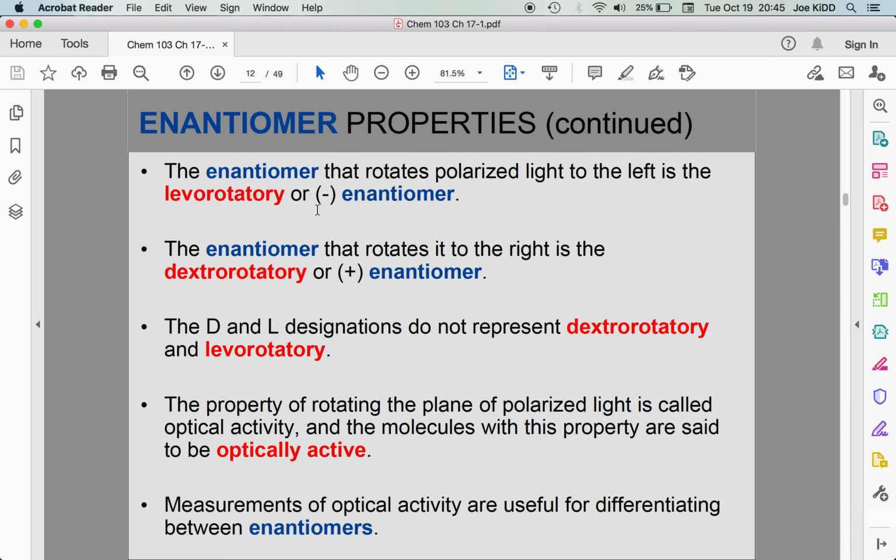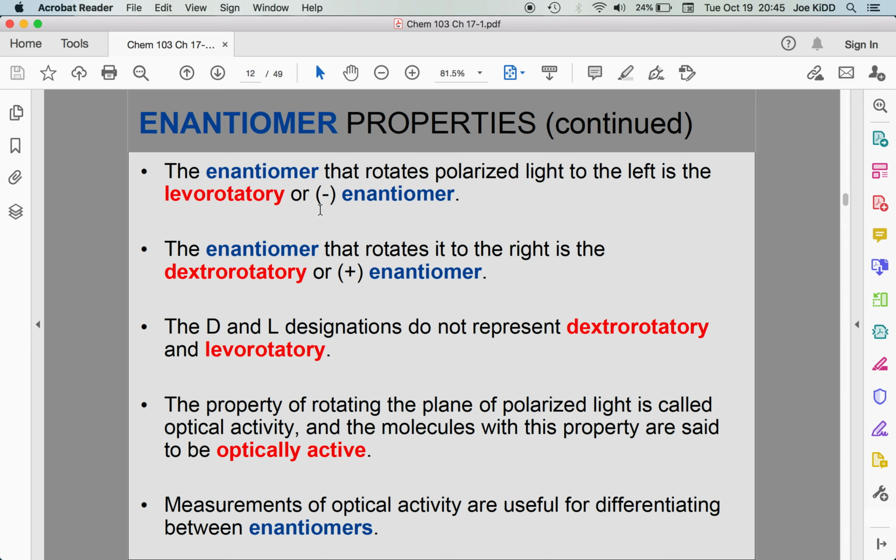To the left would be counterclockwise, so going negative, I guess, backwards in time, if you wanted to look at it that way. And an enantiomer that rotates light to the right would be dextrorotary, and we use a plus sign to denote this. The D and L designations do not represent dextrorotary and levorotary. That's why we use plus and minus and not D and L.